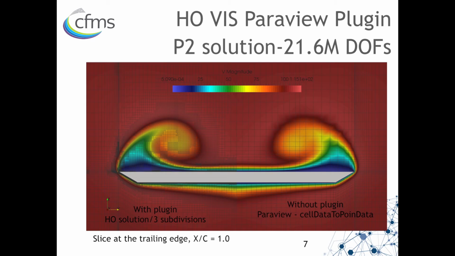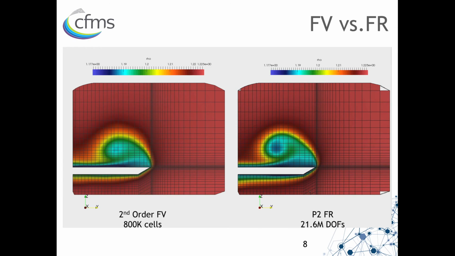On this slide, you can see a comparison between the P2 polynomial and the second order finite volume. You can see that we have quite a high number of degrees of freedom compared with the second order finite volume, but the main purpose of this was to look at the benefit of using high order methods. We can take the existing mesh and run the flux reconstruction technique on it without actually refining the mesh.